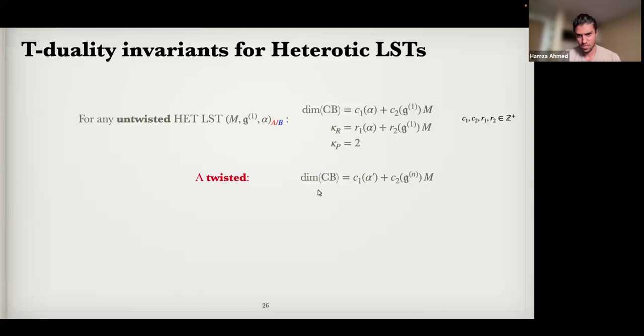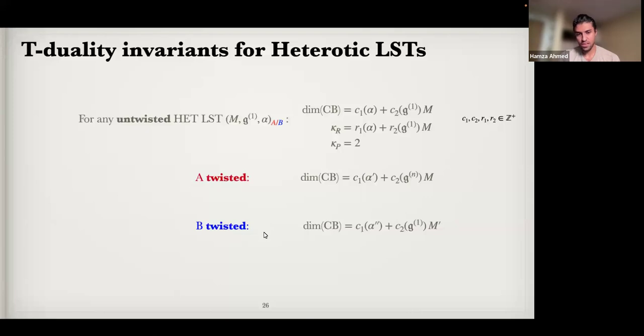I'll comment on that a bit later. Right now we're just looking at how the Coulomb branch changes when you twist. Here you can see clearly that this function C2 can depend on whether it's twisted or not, and the same thing with C1. This would essentially correspond to picking a genus-one fiber for the K3.